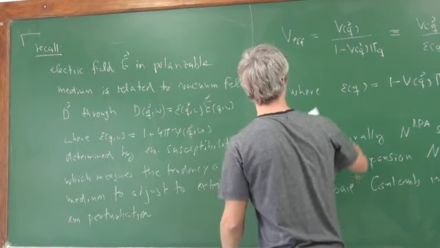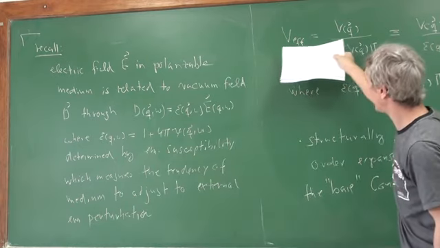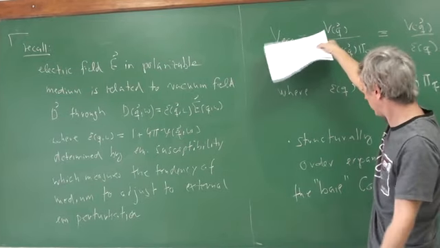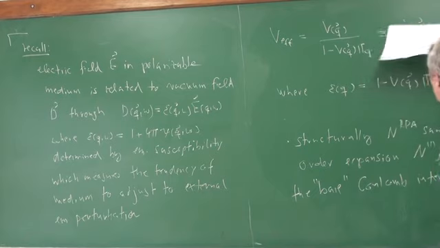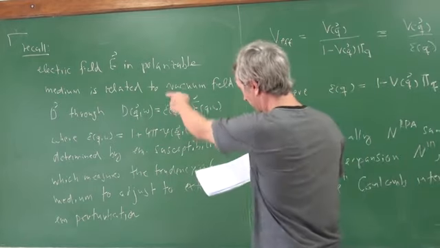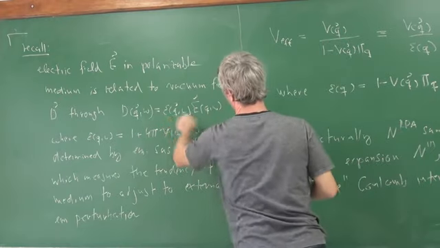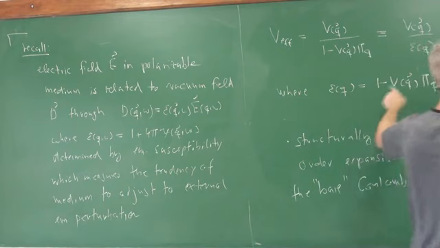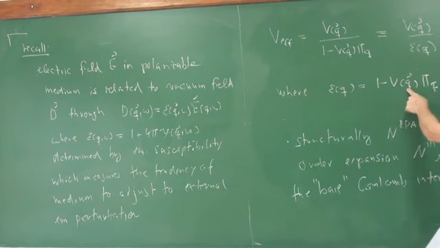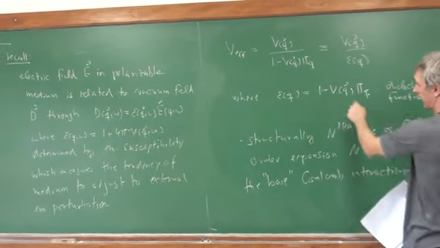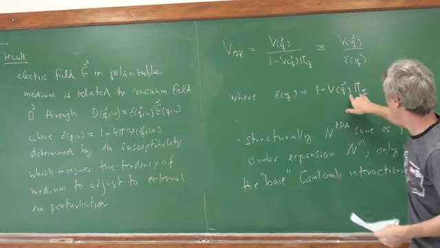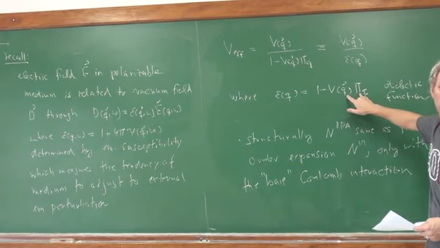So here we see, just by comparing, that the effective potential generates the electric field that we are interested in. Then you arrive at the relation that you find here. So the epsilon we expressed here means that in our case the electromagnetic susceptibility is just proportional to the polarization.